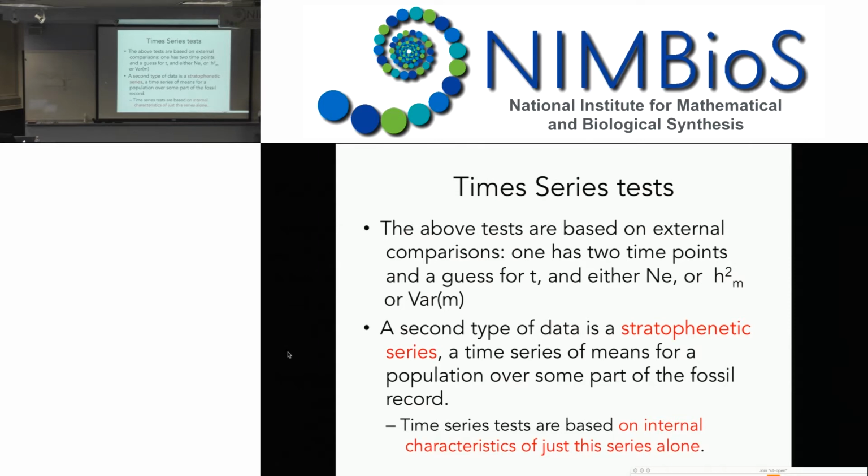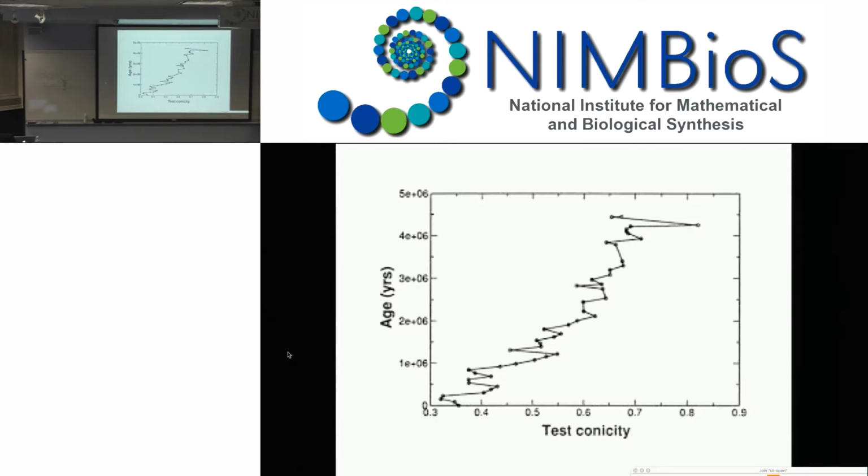A second type of data is what's often called the stratophenetic, so stratigraphy phenotypes series, a time series of means for a population over some part of a fossil record. There are lots of these things. These are based upon internal comparisons, so time series tests basically just take this data and nothing else. Here's the data, bing. That's the data you have.